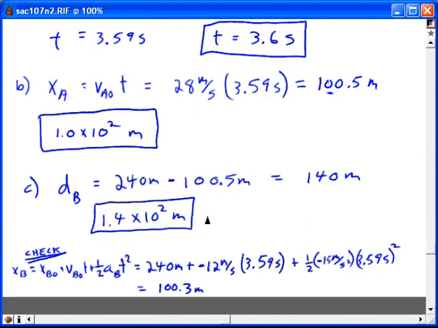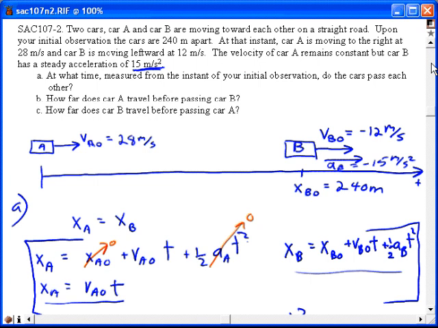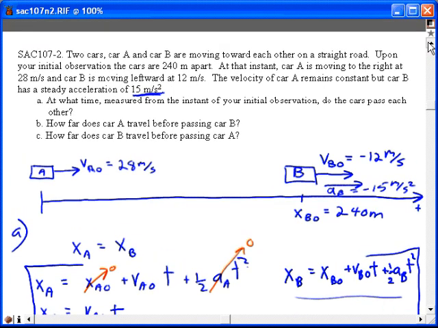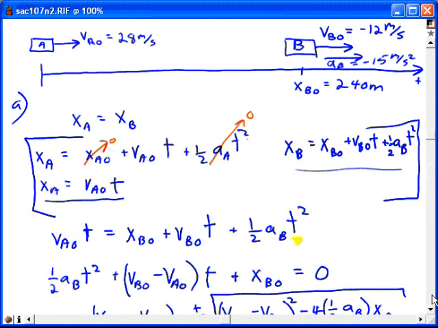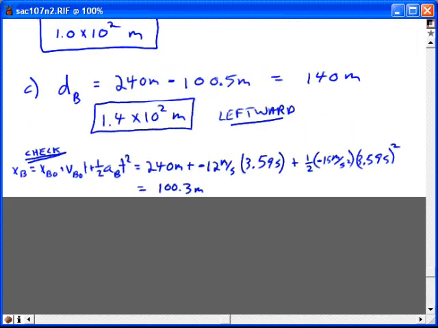Let's call that leftward, so toward the other car. And I want to make sure that it wasn't just me, as the problem solver, that made up those directions. But yes, there was a right and a left in the original problem. So that does it for SAC 107, number 2.